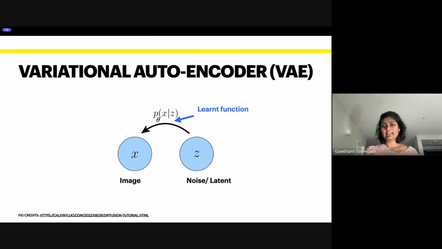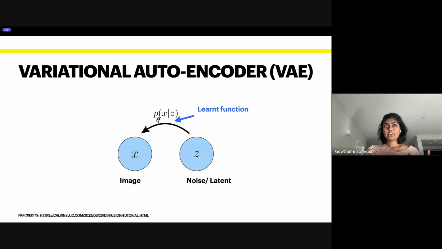All right, now let's begin. First, let's try to understand the variational autoencoder. A lot of the intuition transfers to diffusion models if you get this a little bit. I have already mentioned that in most of the generative modeling paradigm, especially probabilistic modeling, we assume there is a latent variable coming from a distribution we can sample from.